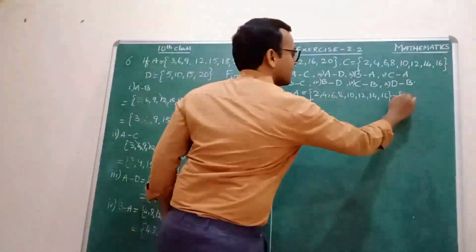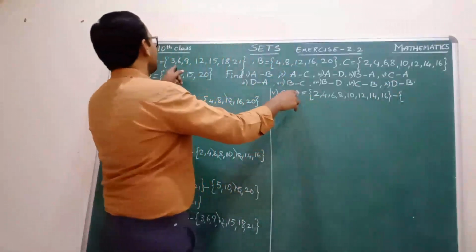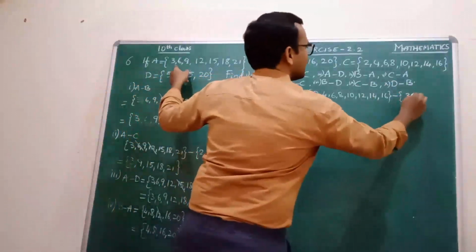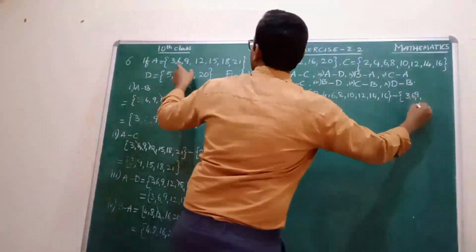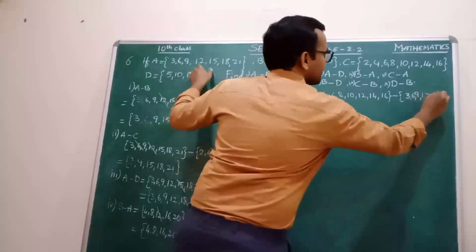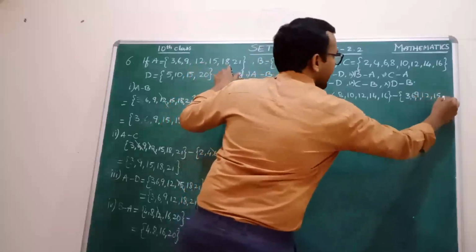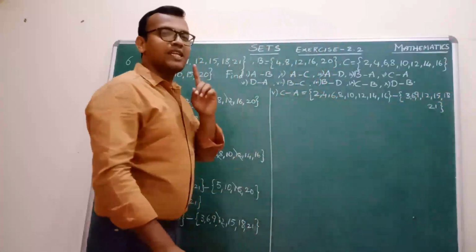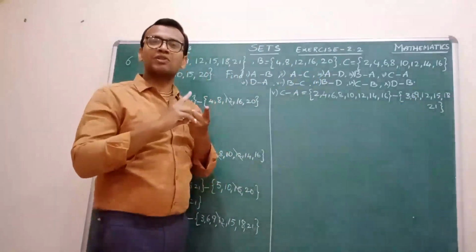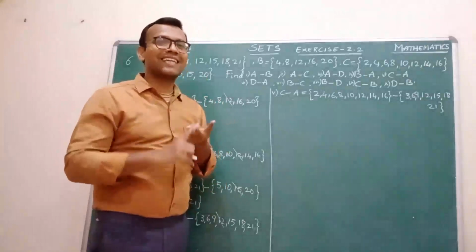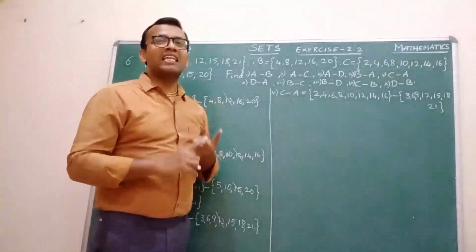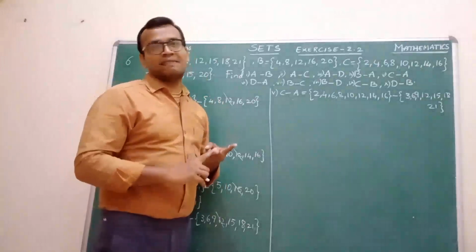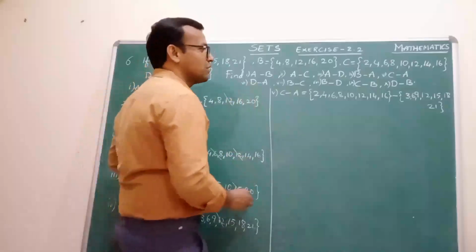Minus A. A is the set of 3, 6, 9, 12, 15, 18 and 21. Now what is the first step? The first step is to cancel the common elements and the second step is to write the elements which are left only in the first set.